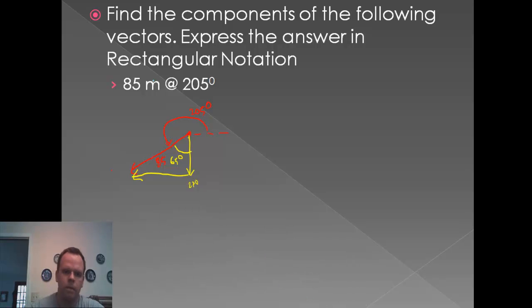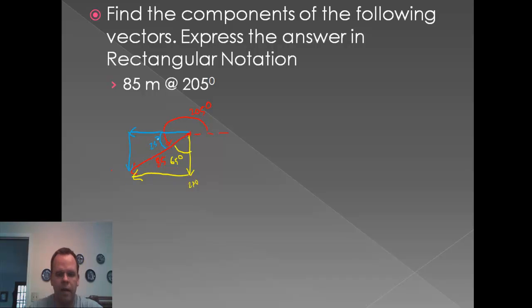The second option would be to place our x component here and our y component here. In this case, it would be 205 minus 180 to figure out what this interior angle is. So in this case, we would be at 25 degrees.